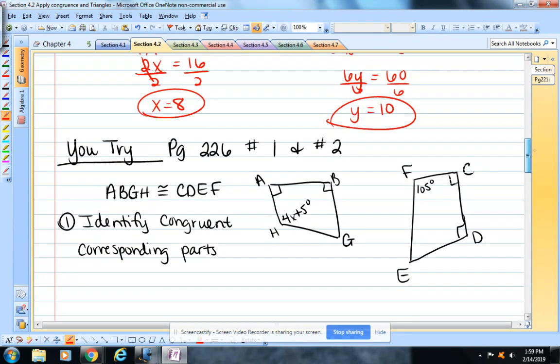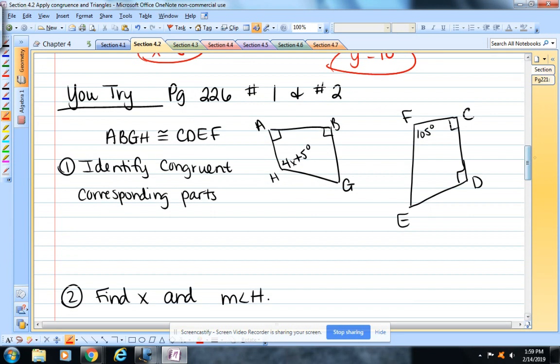Y'all try this one. If you can't read this or figure it out from my screen because my drawing is terrible, it's on page 226, at the bottom of the page, I think. Number 1 says identify all congruent corresponding parts.